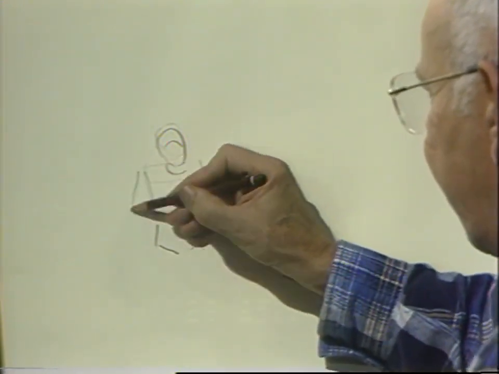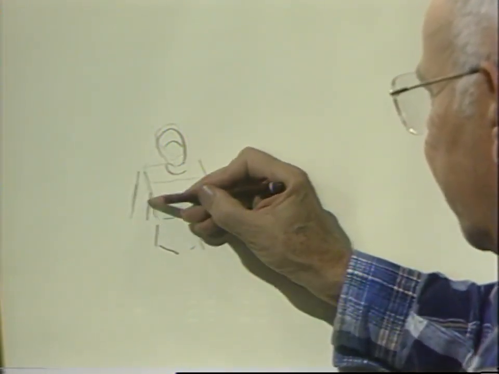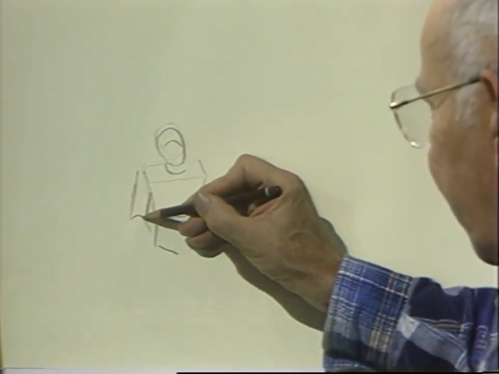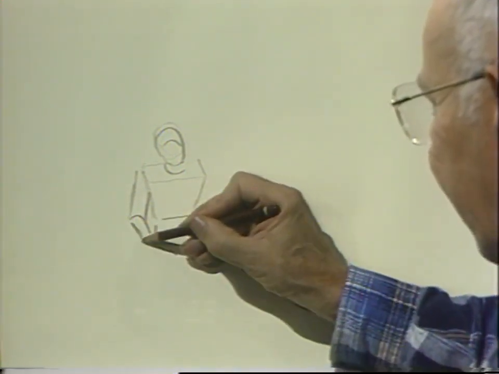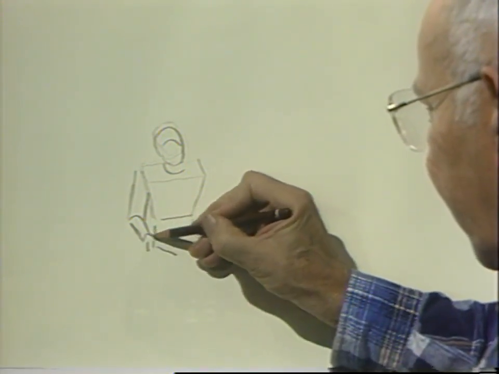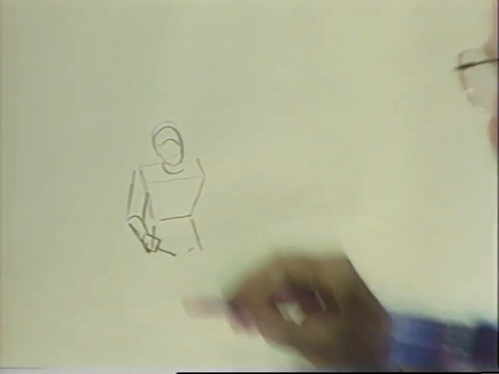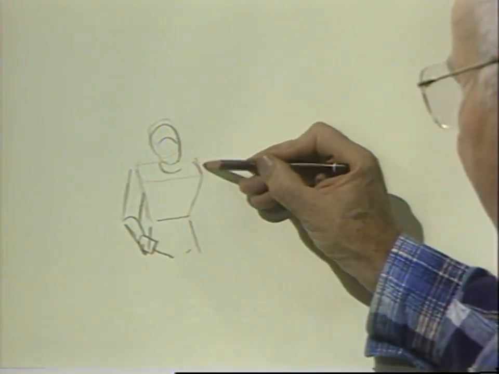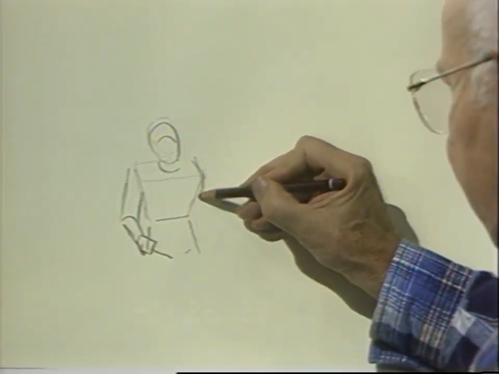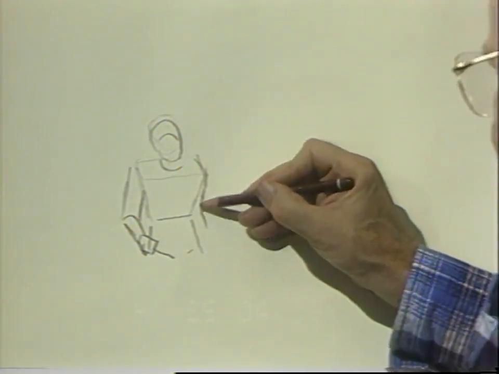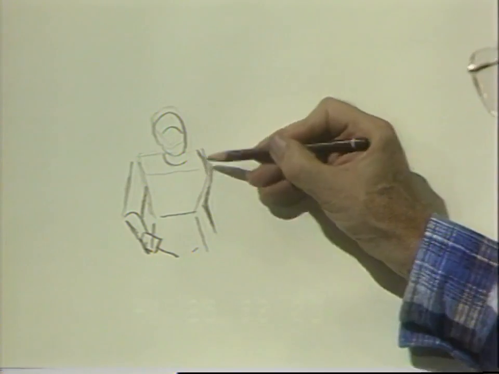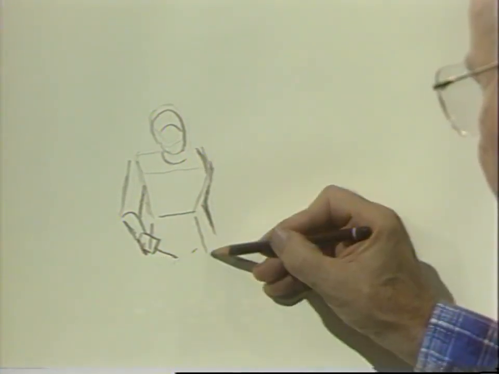Now, the upper arm is not foreshortened. But as it turns toward you, then the lower arm becomes foreshortened, because it's pointing toward you. Now the other arm will not be foreshortened to much of a degree because it's hanging pretty close to the body.